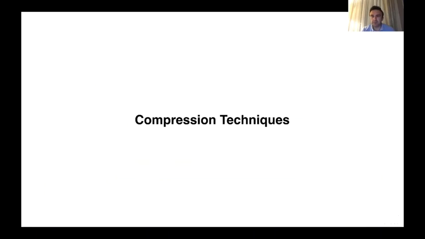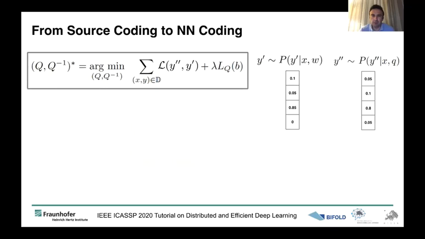Okay, so this was the one part where we discussed finding architectures. Another part, I told you, is compression. I will present the compression technique, which is part of the MPEG standardization, which we proposed. But before doing that, let me go back to the source coding view which we had before.